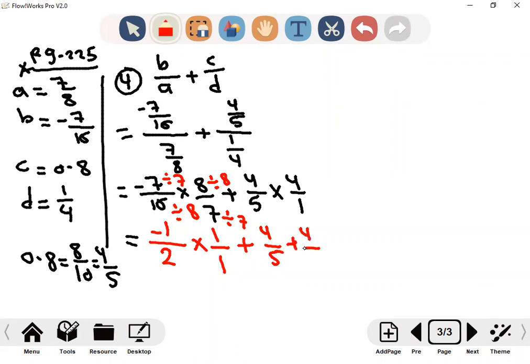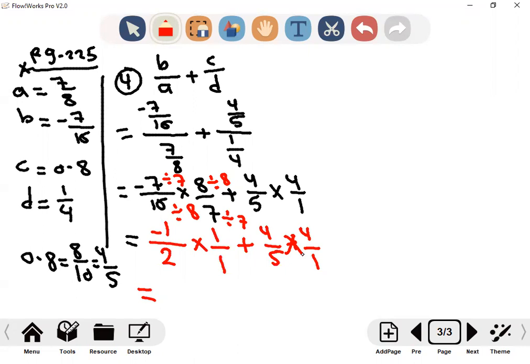Plus 4 over 1 equals. Now let's multiply. Multiply, if you don't see it? No, my dear, I didn't say plus. Maybe I said plus, but I didn't mean to.